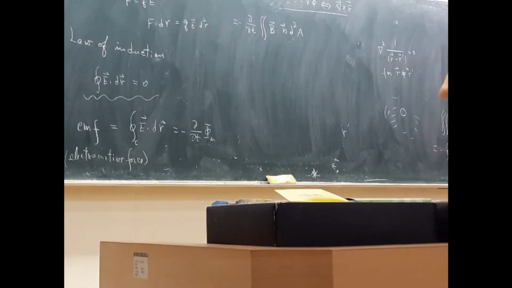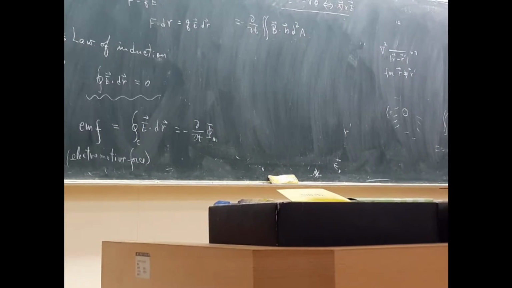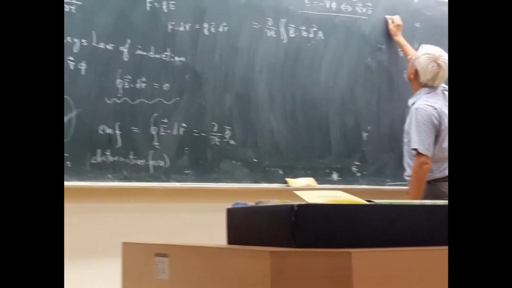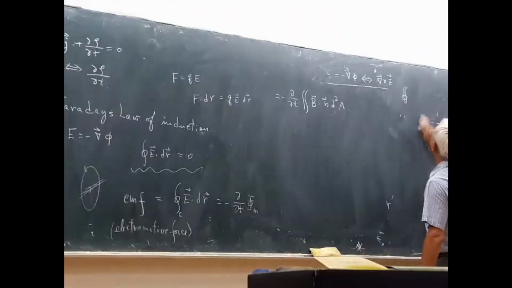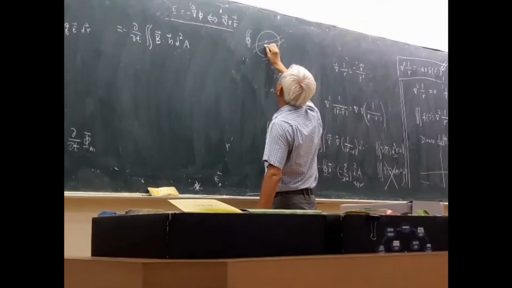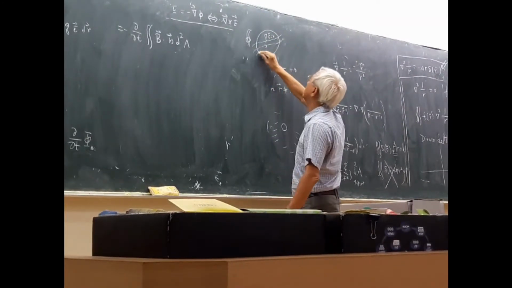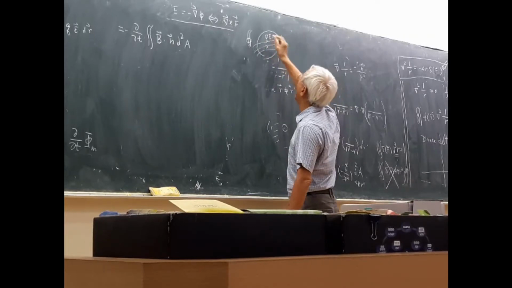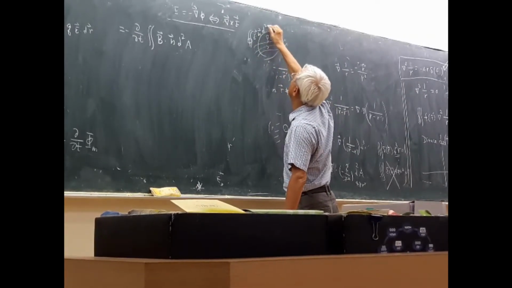Just as in Gauss's law, we call that the electric flux density, because in a vacuum, where divergence of E is zero, the electric flux coming in and going out, E dot n, is zero.